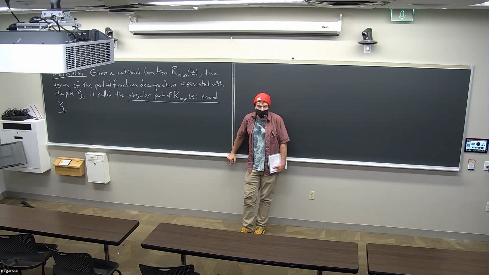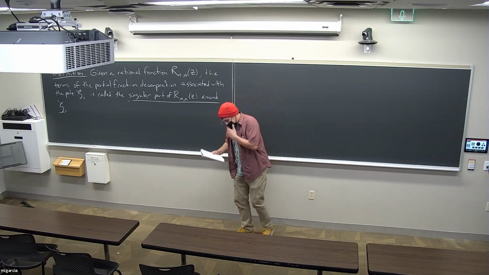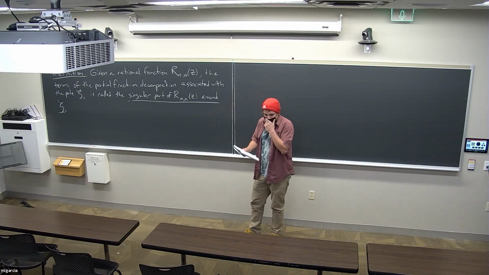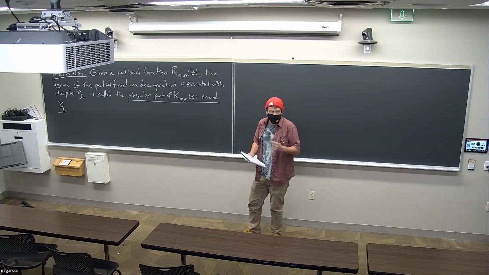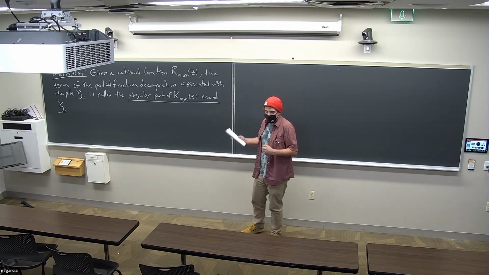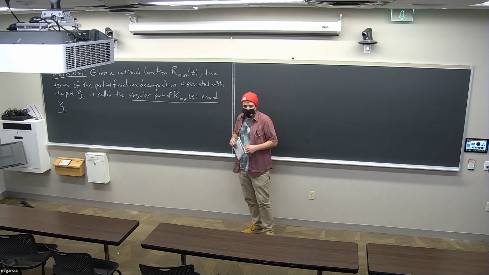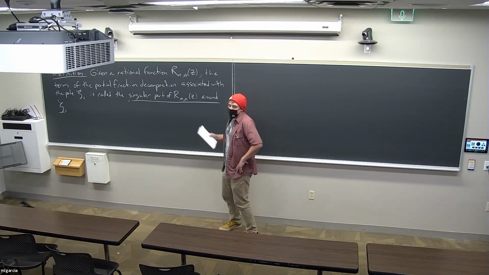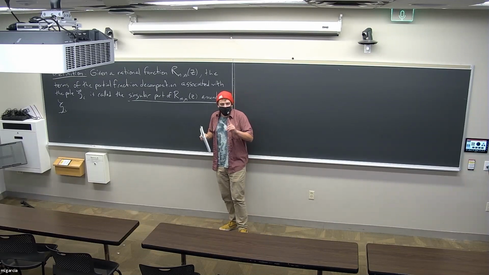But we're not going to go through that in full detail right now. And to be honest, I don't find it particularly interesting. I think we might all believe that every rational function with complex variables where the denominator has greater degree than the numerator has a partial fraction decomposition. That's not to say it's not important that it's proven. I just don't think it's necessarily a good use of class time.